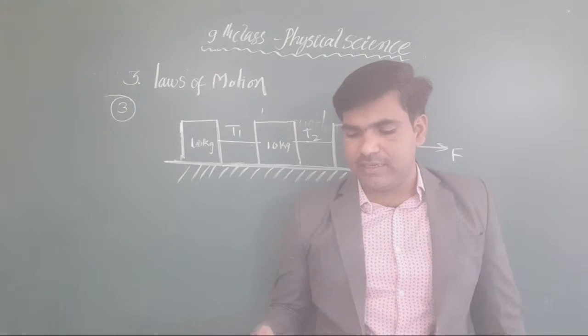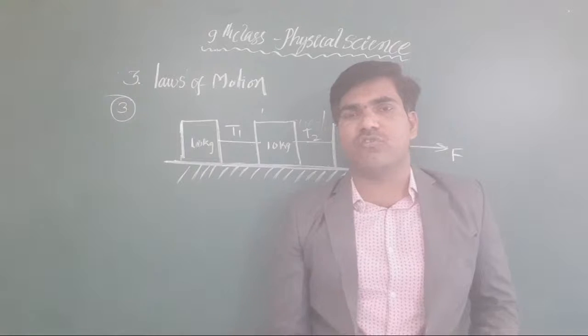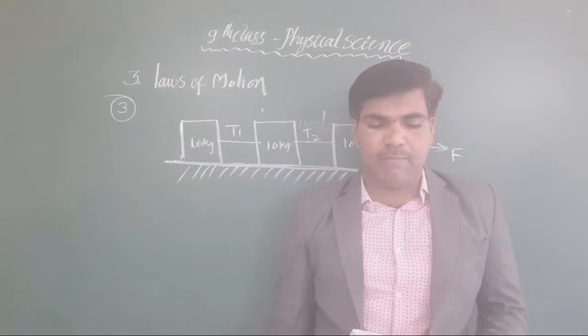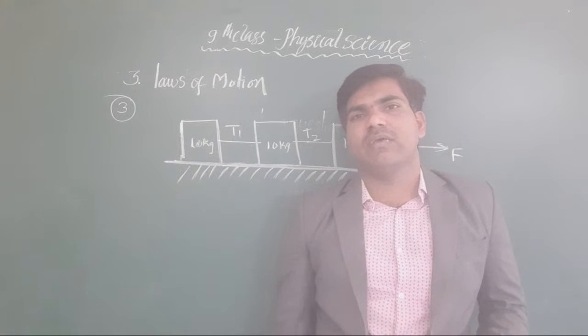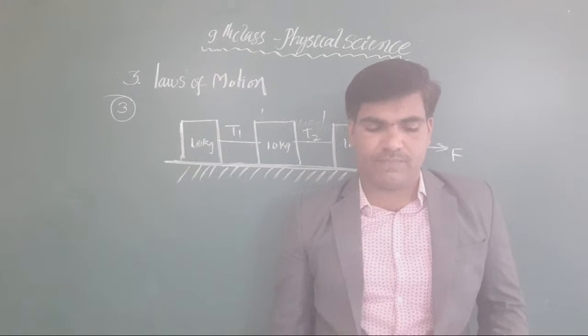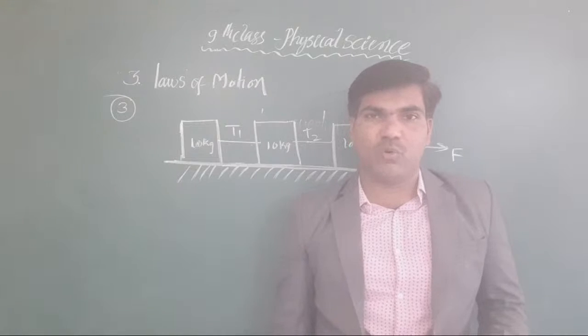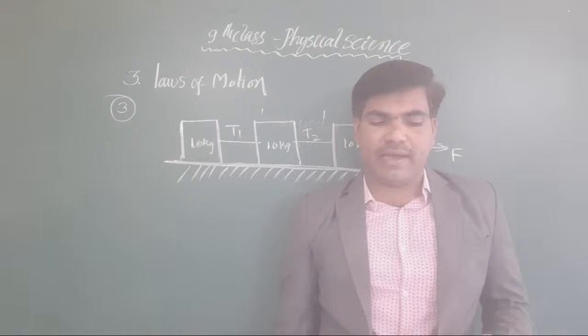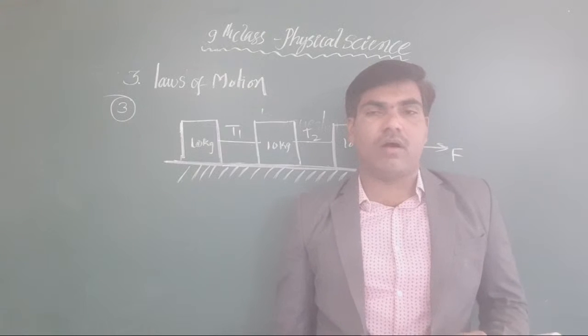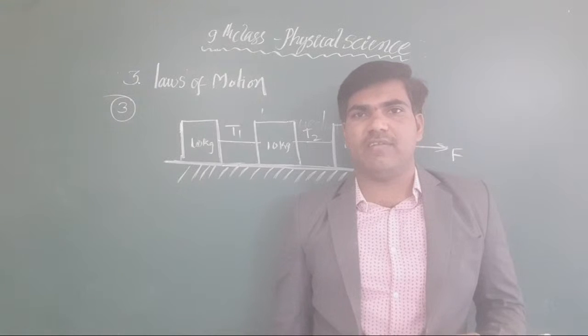Yeah, 3 identical blocks, the diagram is this one. Write the question: 3 identical blocks, each of mass 10 kg, are pulled as shown on a horizontal frictionless surface.